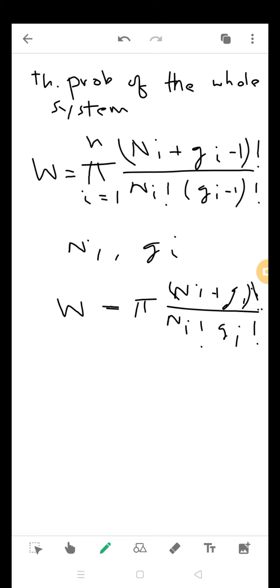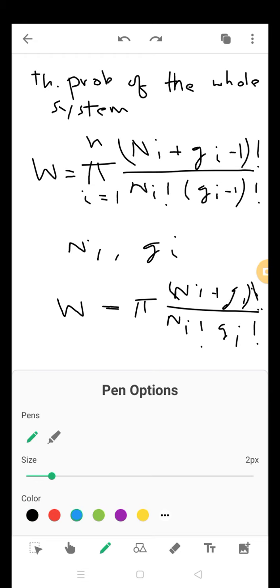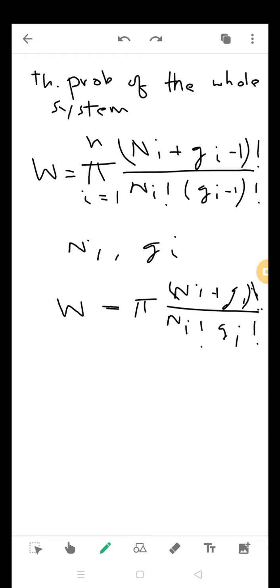If we take a natural log of this, we take ln W.